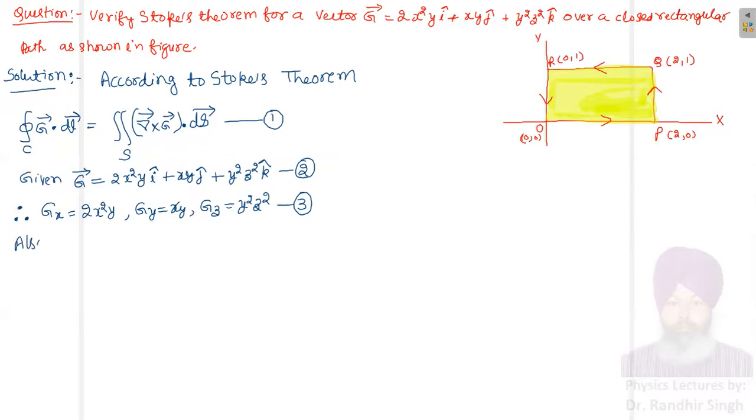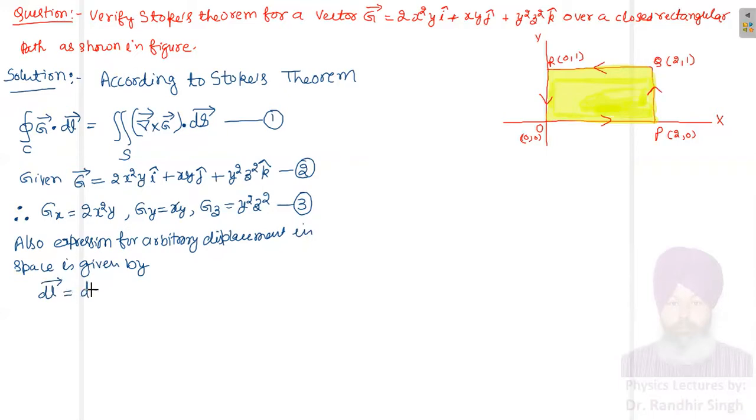Also, the expression for an arbitrary small displacement in space is given by dl vector equal to dx i cap plus dy j cap plus dz k cap.